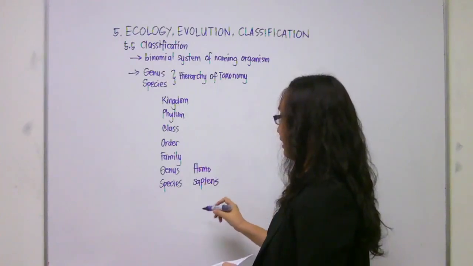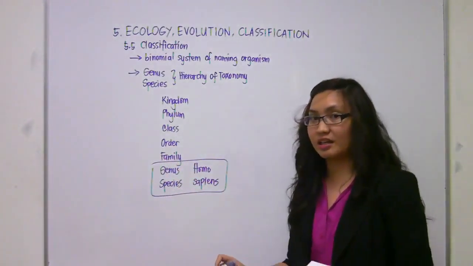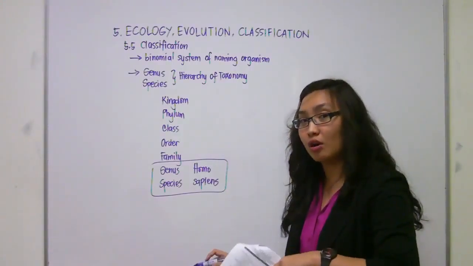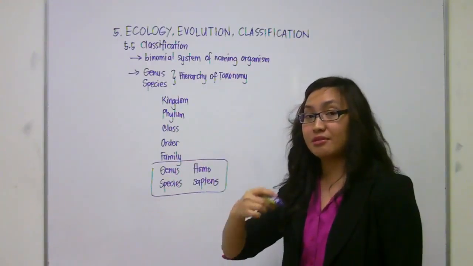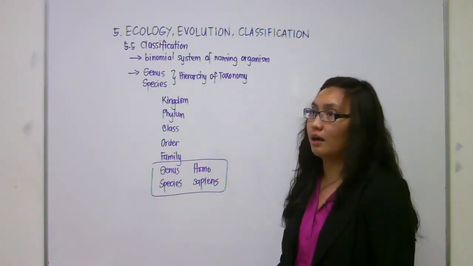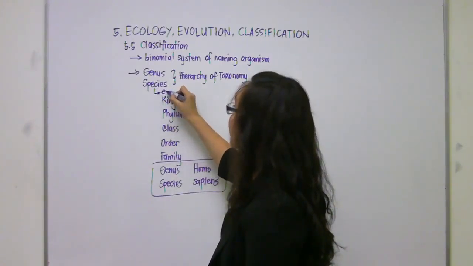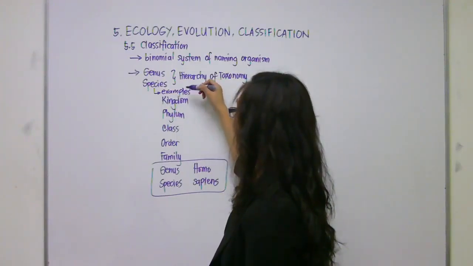In the case of genus and species, there are characteristics that are common for most genus and species. Students just need to know the difference between genus and species and how organisms are being named. If we are able to provide examples, we have humans given here.